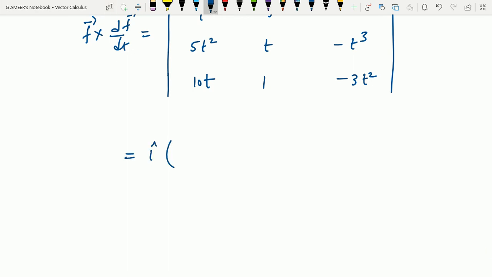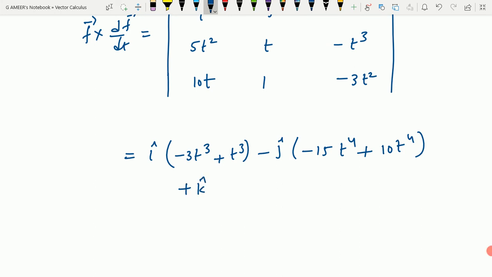So this will become i into minus 3t cube plus t cube, then minus j into minus 15 t power 4 plus 10 t power 4, plus k cap into 5t square minus 10t square.